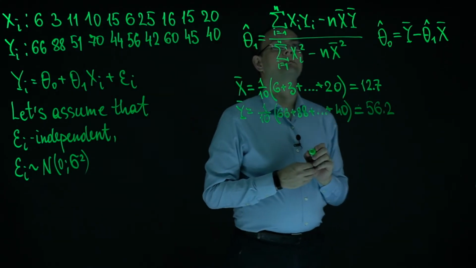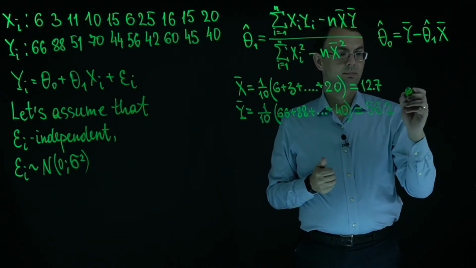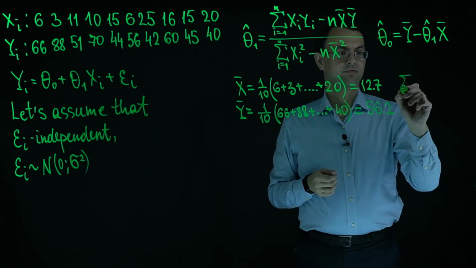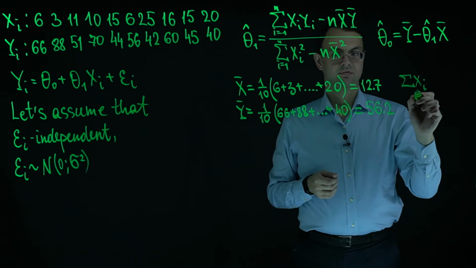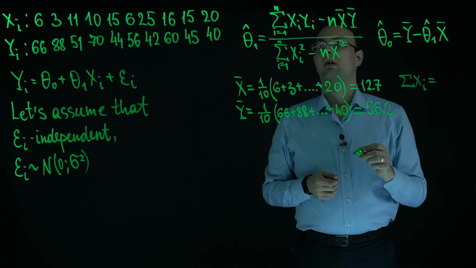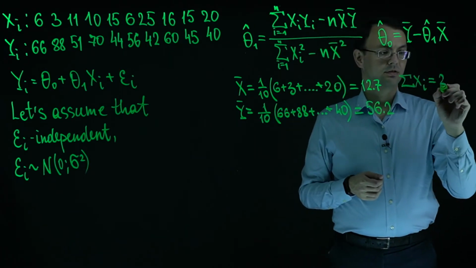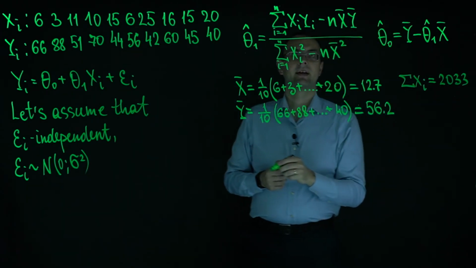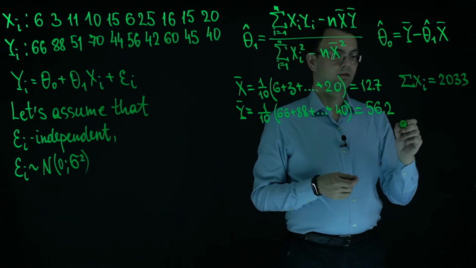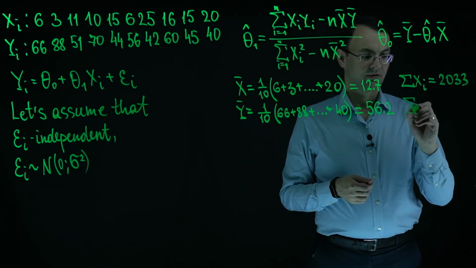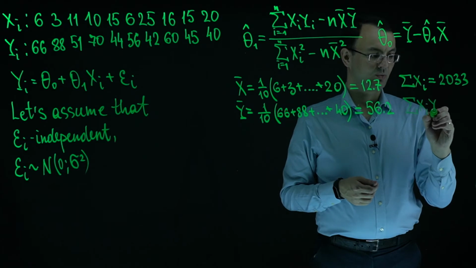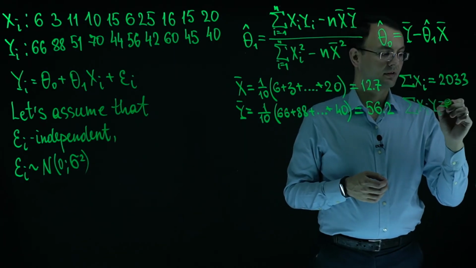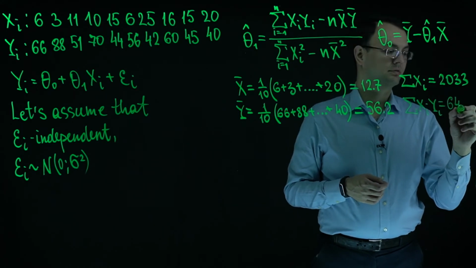Then the sum of squared x's is 2033, and the sum of xi, yi is 6402.